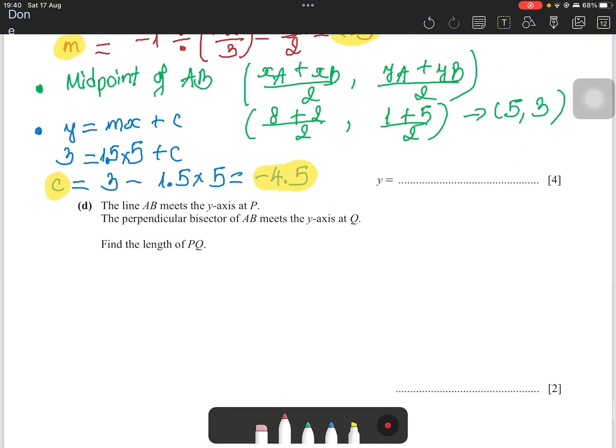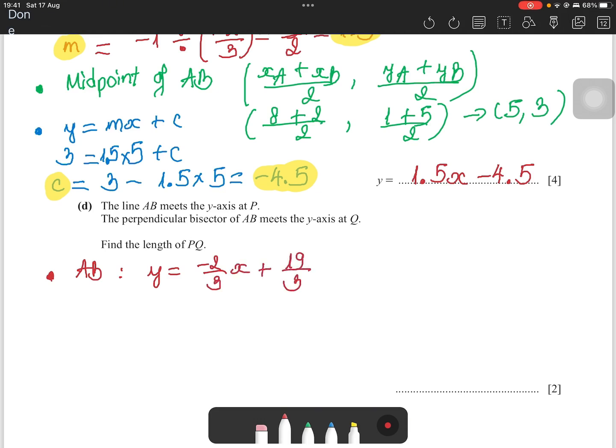D. The line AB meets the y-axis at P. The perpendicular bisector of AB meets the y-axis at Q. Find the length of PQ. First of all, the line AB has an equation of y equals negative 2/3 of x plus 19 over 3.